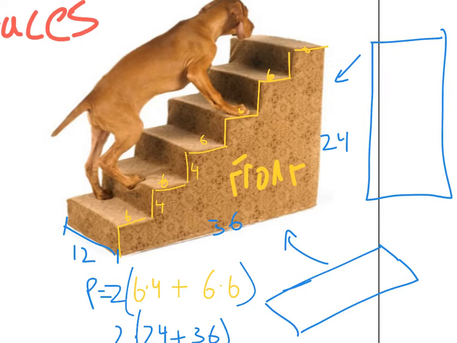So let's start with the front. Now the area here, we can compute in a couple ways. Do you see some ideas there? You might break it into strips like this and find these areas and add them up. That's a good idea. Okay.